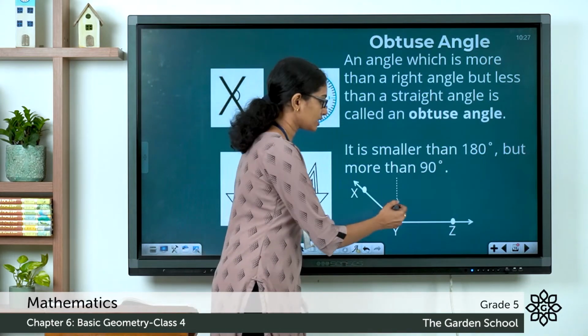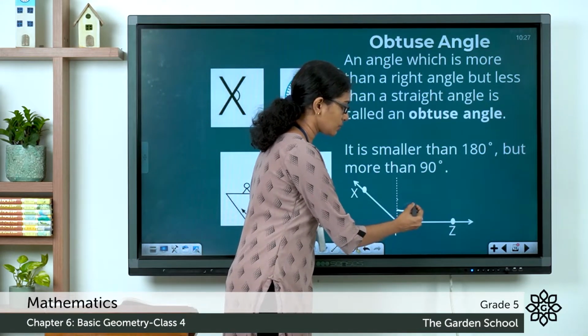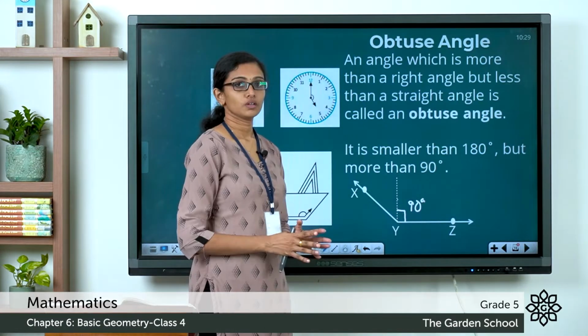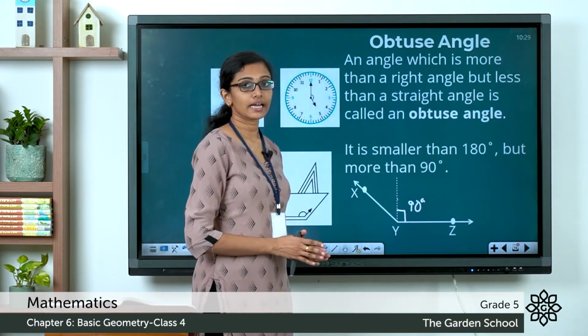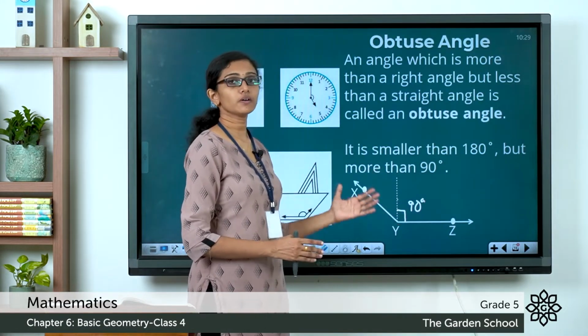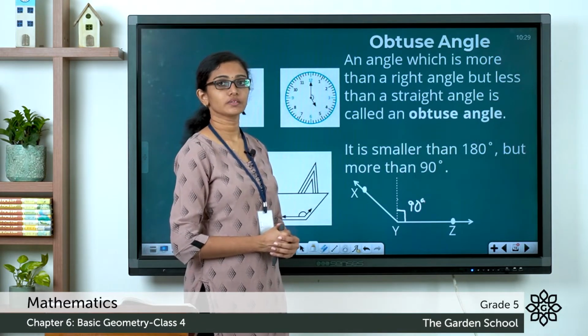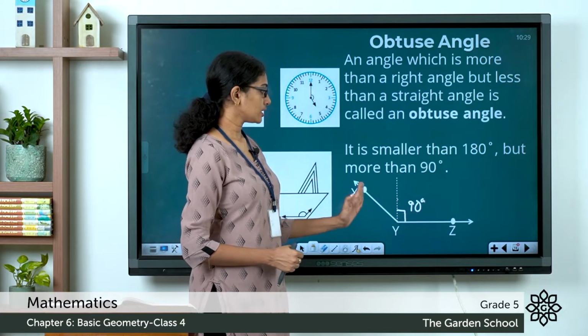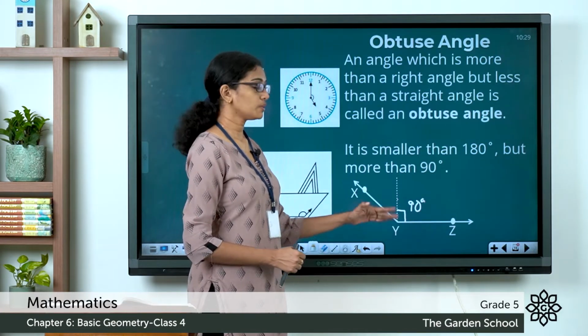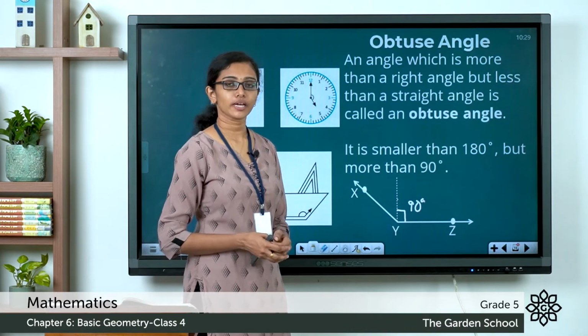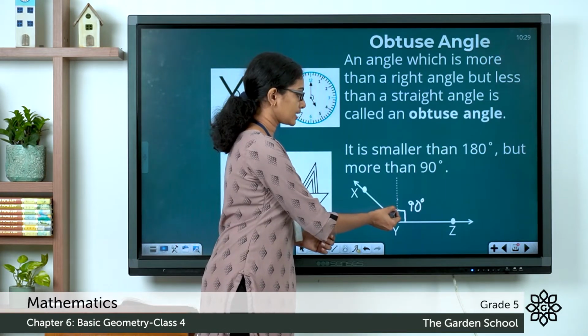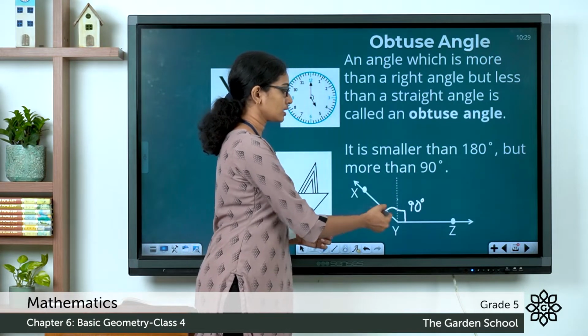Now what would be the angle between these two lines? It would be 90 degree. So it had reached a mark 90 degree and it has gone beyond 90 degree. It moved more than 90 degree around. So the angle between these two arms would be more than 90 degree, right? It would be this 90 degree plus the angle here.